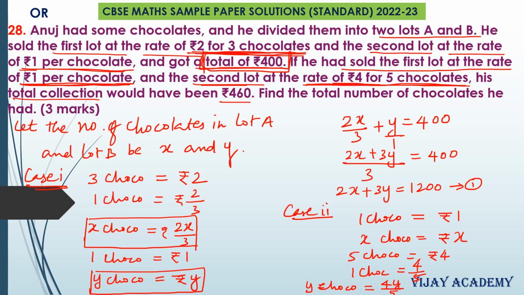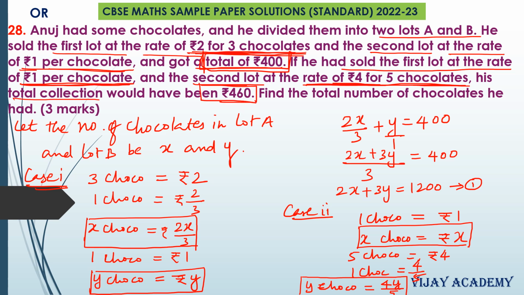Now we take these two together: the first lot is sold at rupees x and the second lot at rupees 4y by 5, and the total of this is 460.